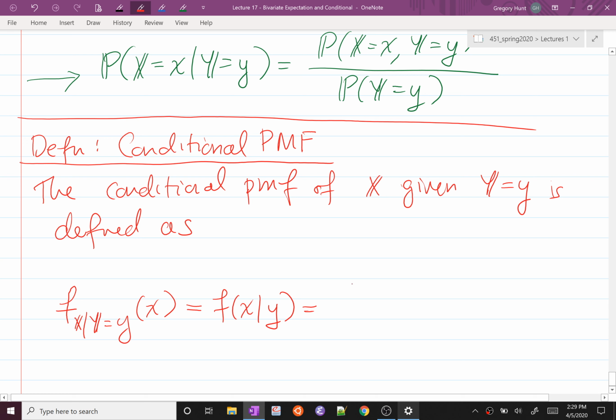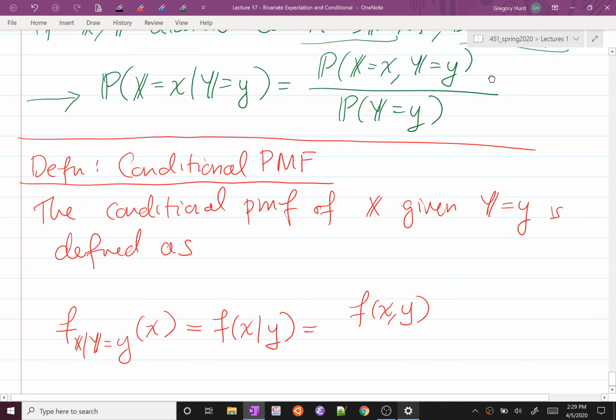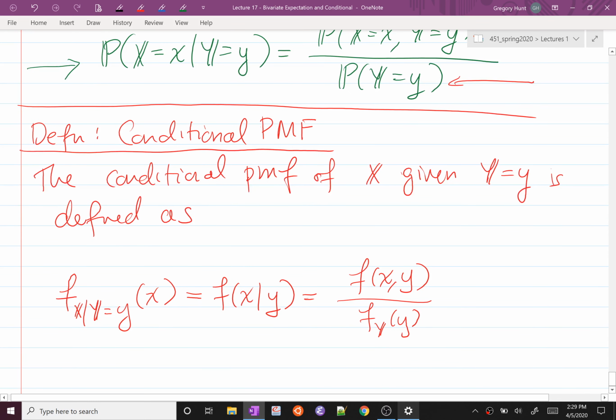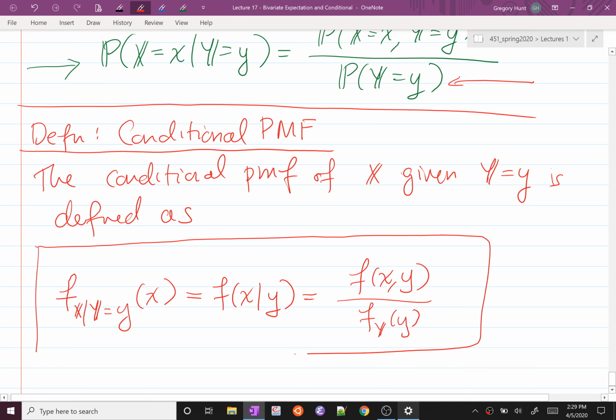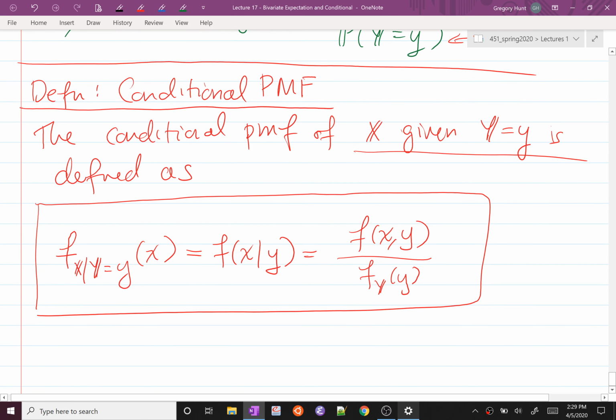And this is just going to be the joint PMF, which is exactly what I wrote here, the probability X is x and Y is y, over the marginal PMF of Y, which is exactly the denominator, the probability Y is equal to little y. So this thing is called the conditional PMF of X given Y is some value little y.